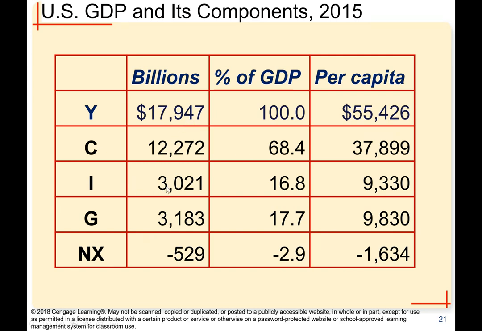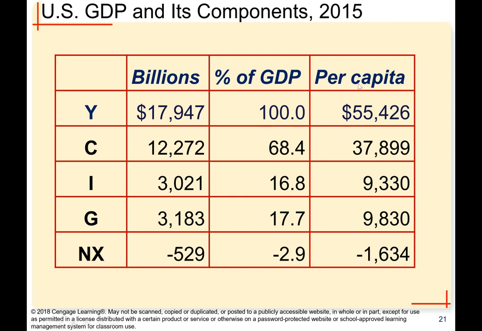Investment spending, 3,021, was 16.8% of GDP. Government, 3,183 billion, was 17.7% of GDP. Net exports was minus 529, which was 2.9% of GDP. Negative just means that we run a trade deficit.